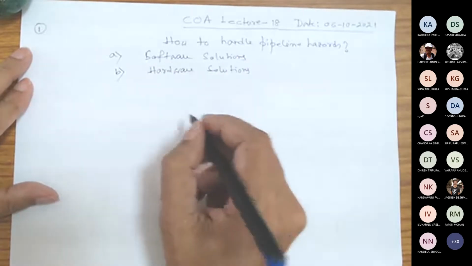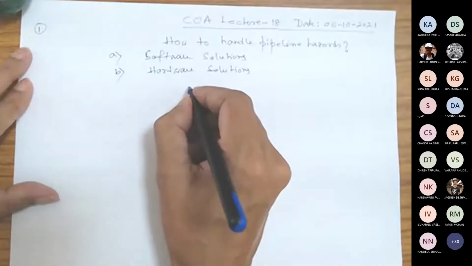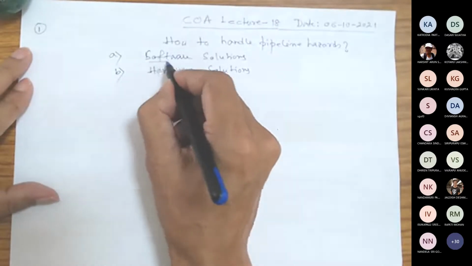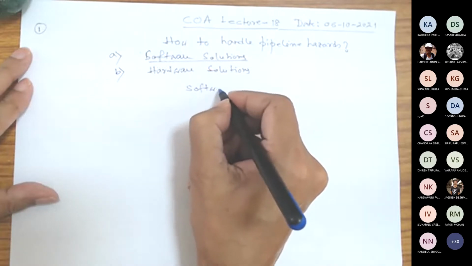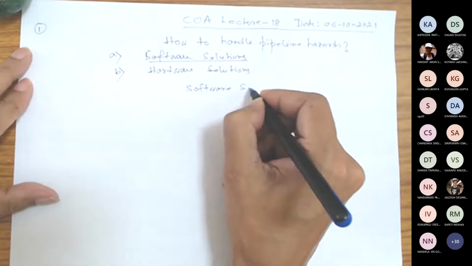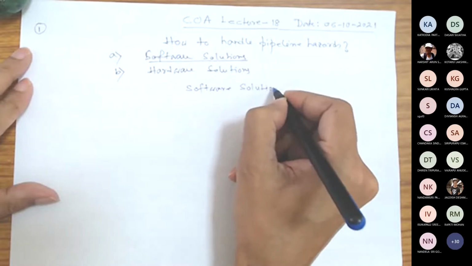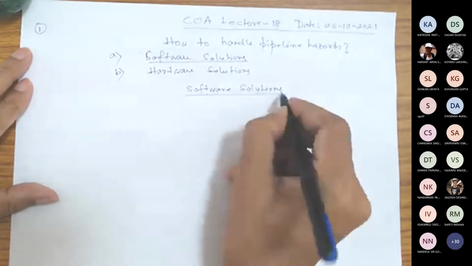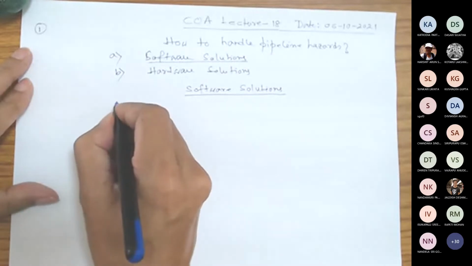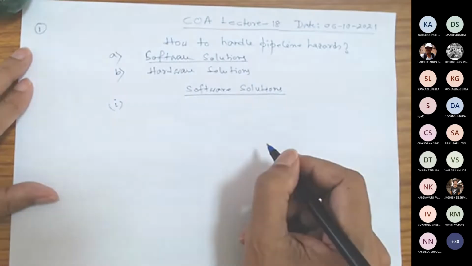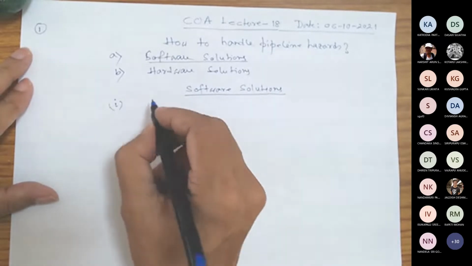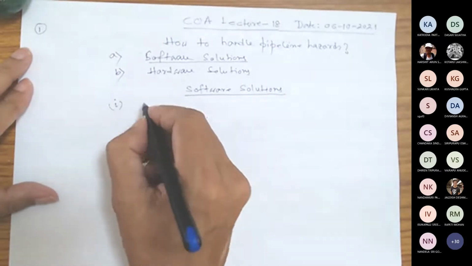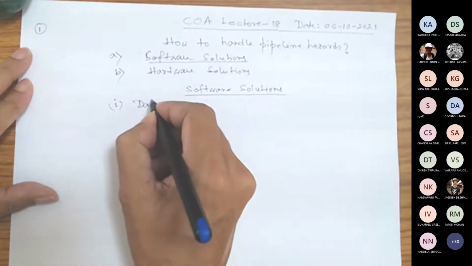In the software solutions, we started discussing about software solution in the last class itself. And there are various ways. The first one is, we have already discussed how to handle data hazards.